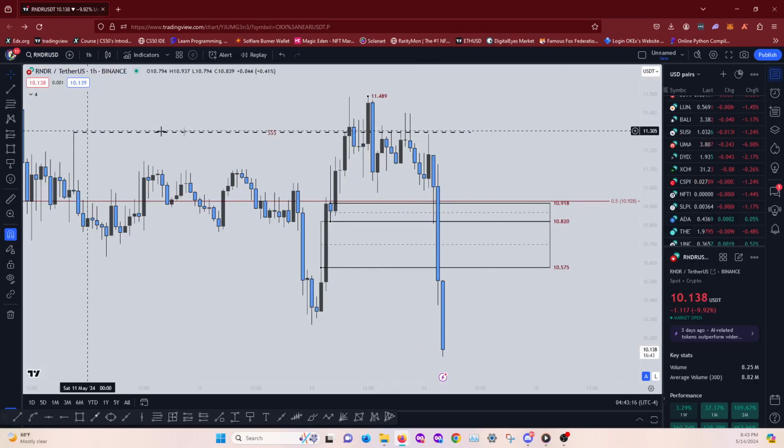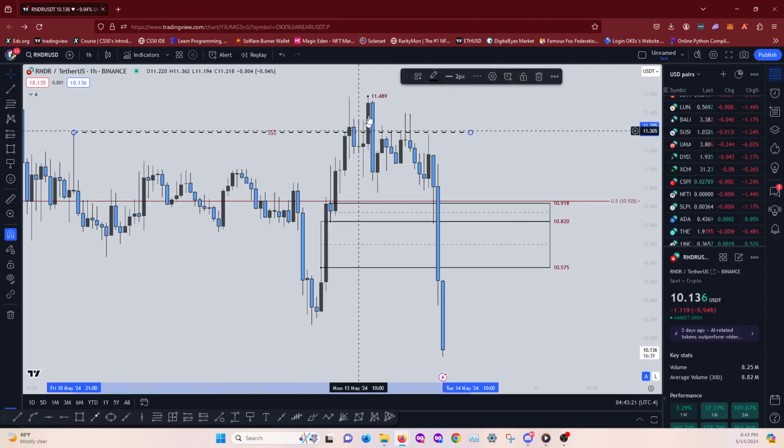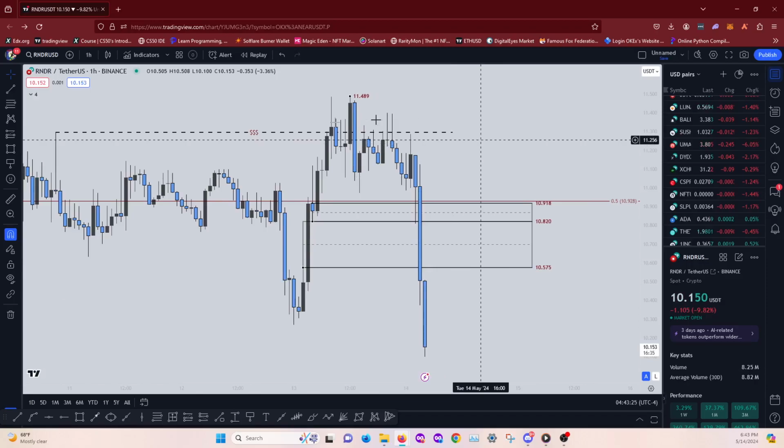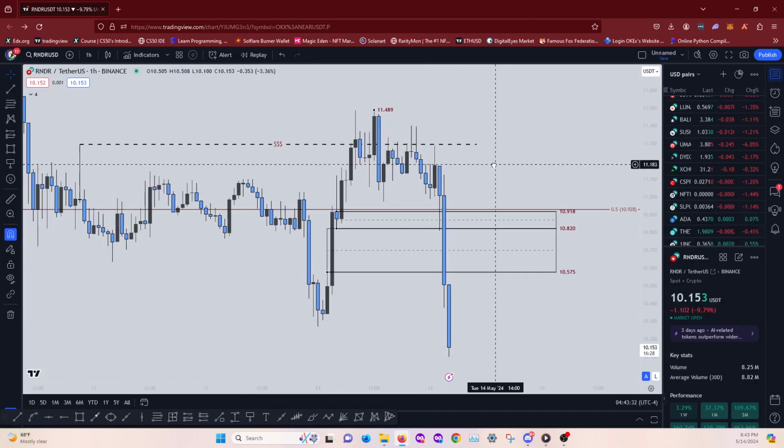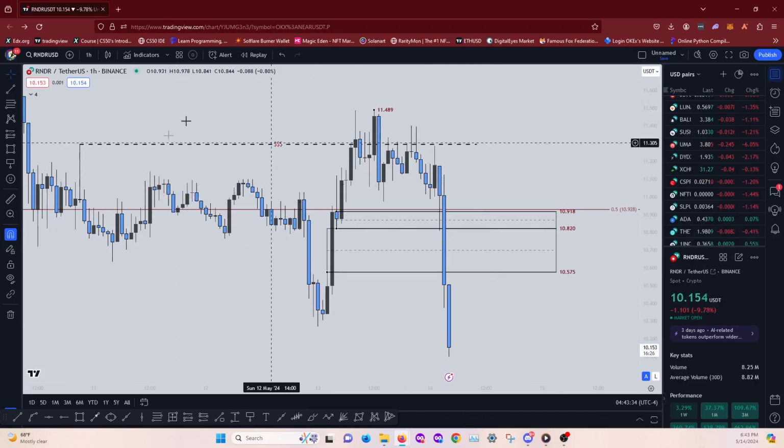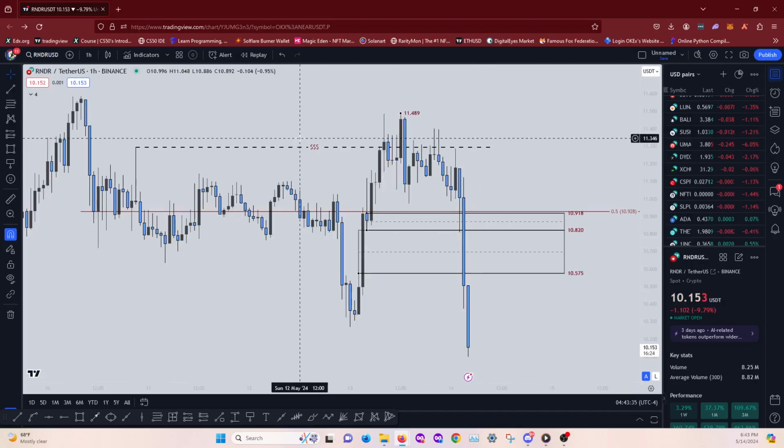Because price broke above the internal range liquidity and moved back down in the intended direction. So this is telling us that price wants to move down ultimately. It's not showing a willingness to move up. This is proof that it was simply a manipulation move.